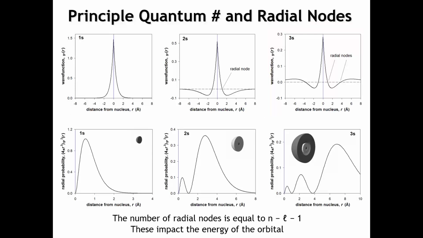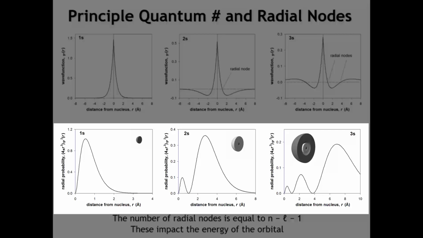In fact, the number of radial nodes is equal to the principal quantum number minus the orbital angular momentum quantum number minus 1. These are s orbitals, so L, the orbital angular momentum quantum number, is 0. And so the 1s orbital has no nodes, the 2s orbital has 1 radial node, and the 3s orbital has 2 radial nodes.